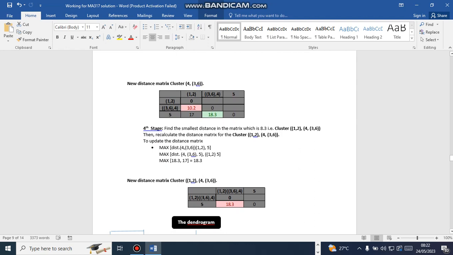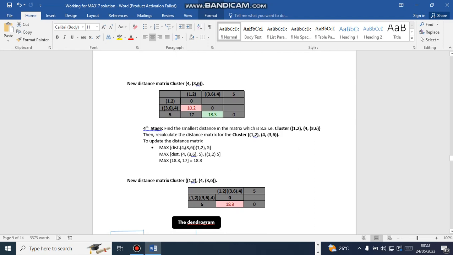That means cluster 1 and 2 is now linked with cluster 6, 3 and 4. There is a relationship between them. Now, if this is linked to this, the only value remaining is 5.